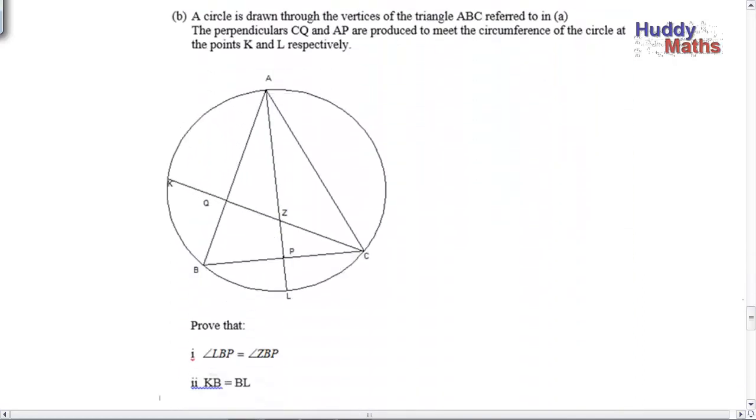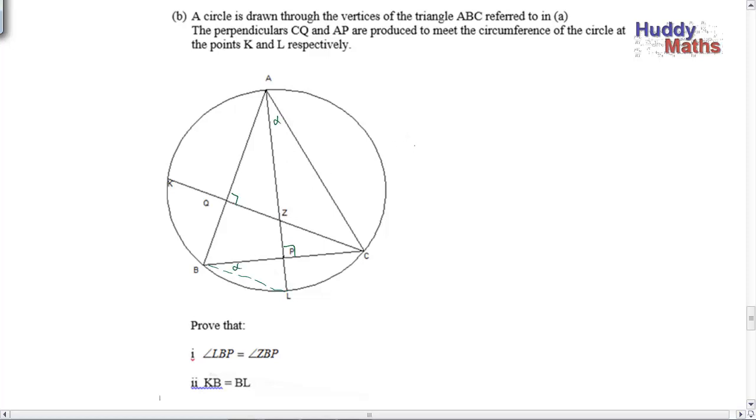Okay, so it's the same figure again. So let's mark in the things that we had before. We've got to mark them in carefully. This was alpha, and this was alpha.